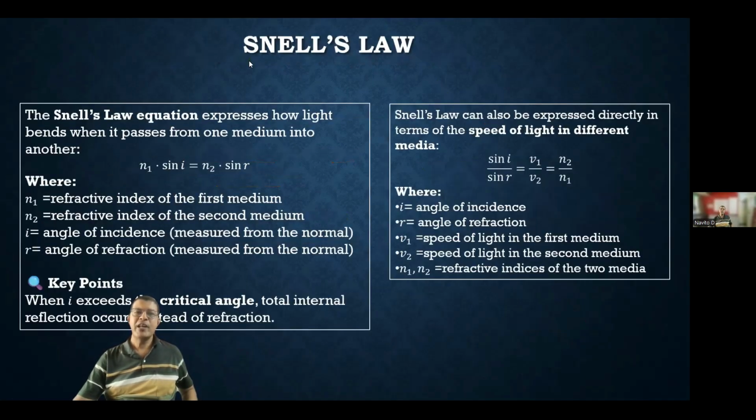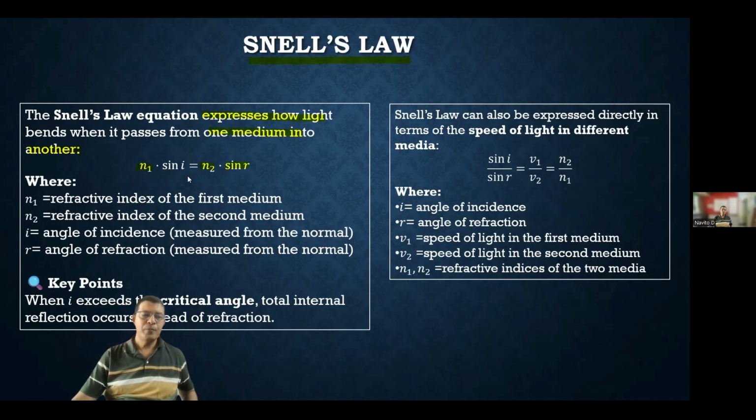So now let us see about Snell's law. Snell's law is used to express how light passes from one medium to another. So basically you have the first medium's refractive index multiplied by the angle of incidence on the surface of the first medium with the second medium, and the refractive index of the second medium with the angle of refraction.